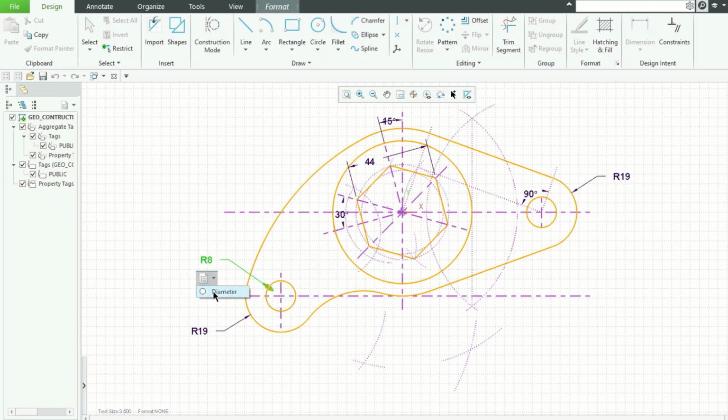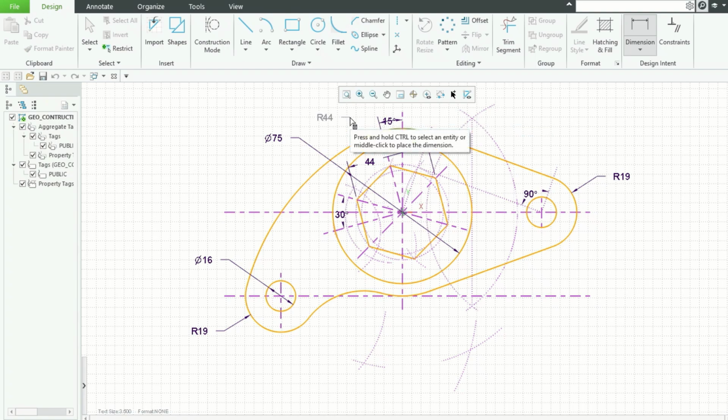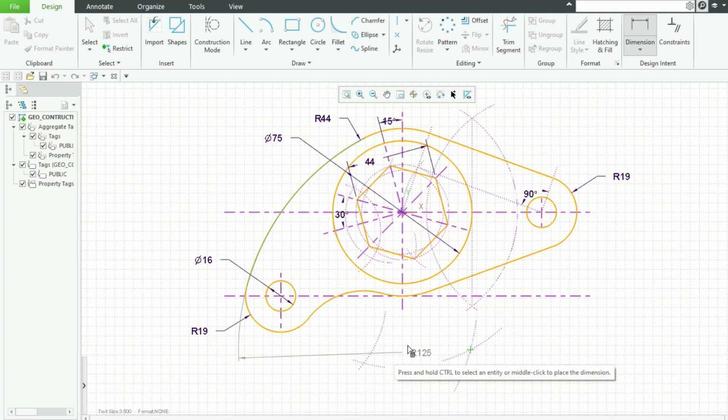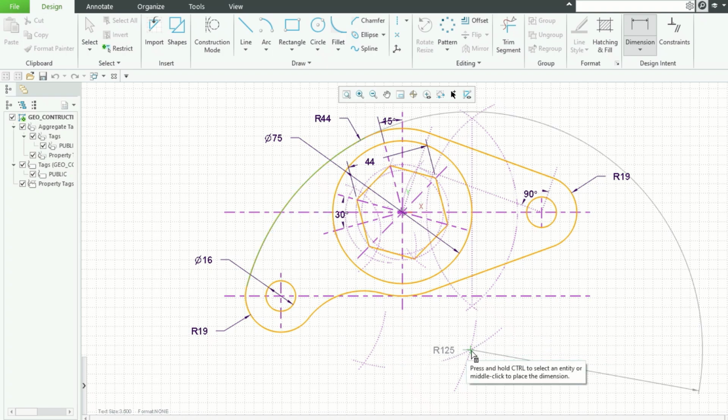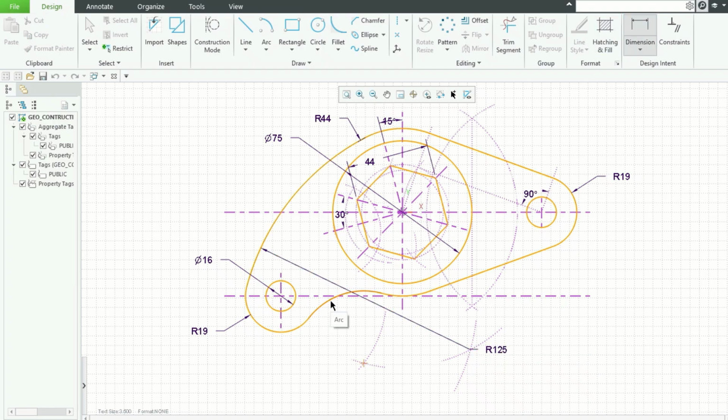This is 16 mm diameter, and this one also, and this one is 75 mm diameter, and this one is 44 mm radius, and this one is 125 SQ. And this one is 38 mm radius.